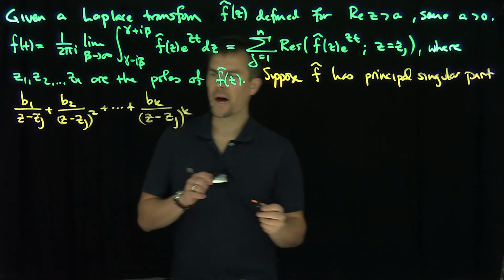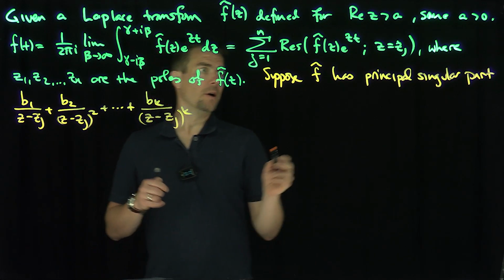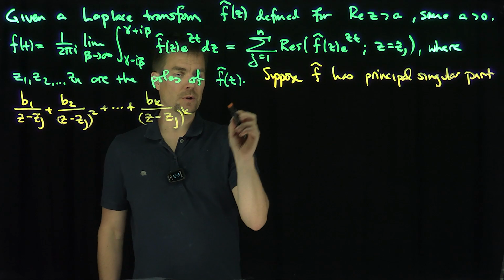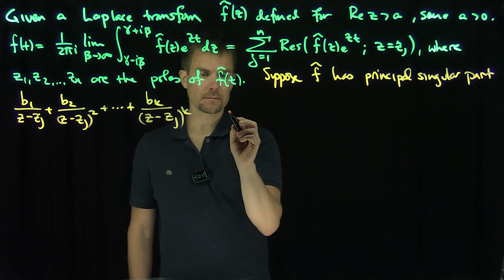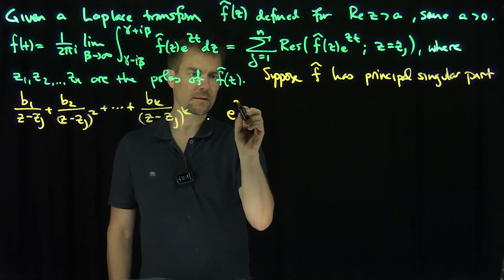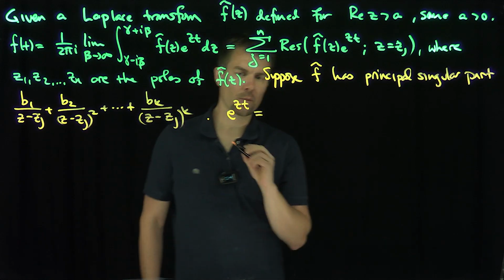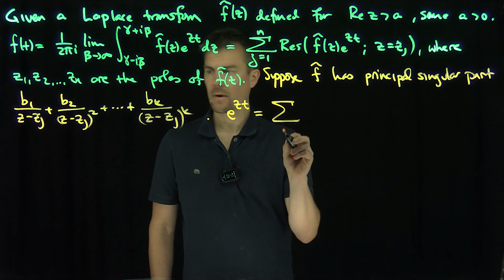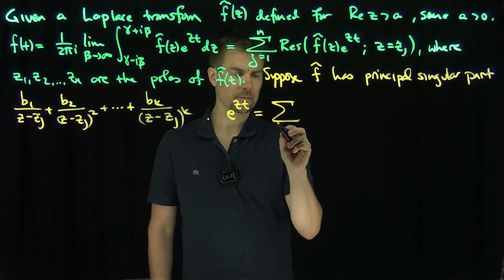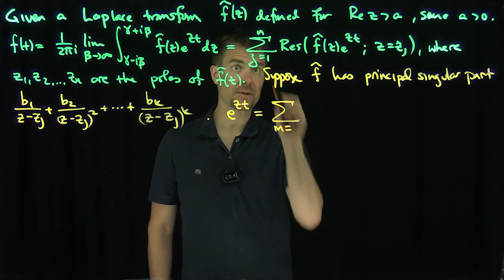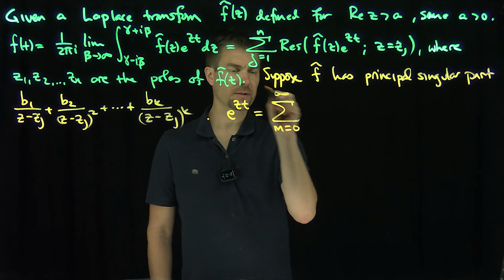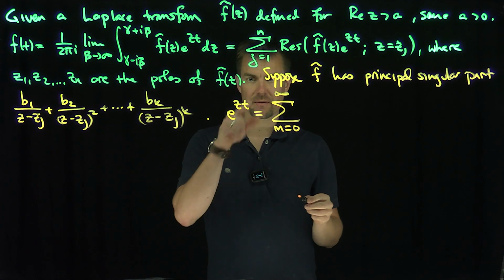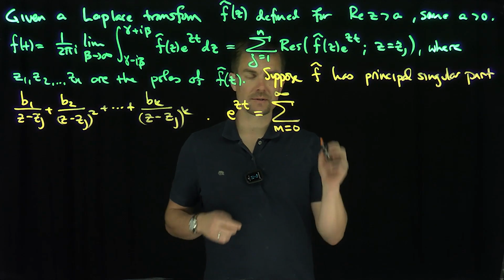Good. Now, I want to find the residue, because of course the holomorphic part won't contribute to the residue at all. But now what do we note? We note that e to the zt is equal to the sum, m goes from 0 to infinity. I've already used n over here. And then I have to do the mth derivative of this thing at zj.